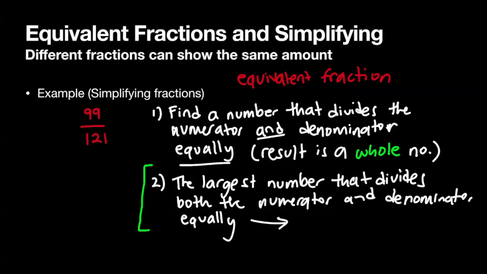I want to know what this is called. No, okay, so I'll give one more try. So just forget fractions, don't think of fractions right now. Just think of pure numbers. So what is the largest number that divides two numbers equally called?